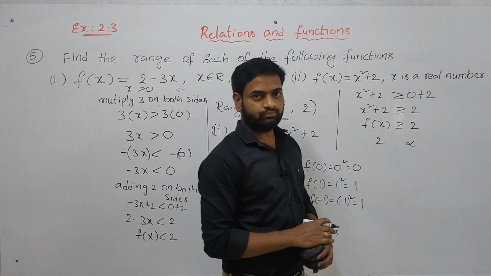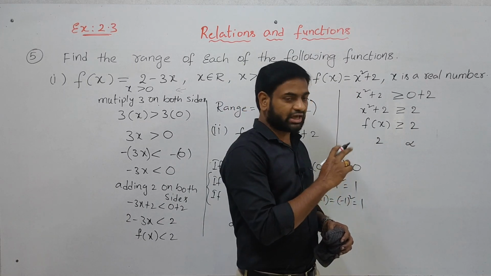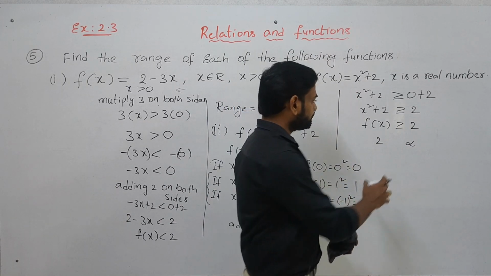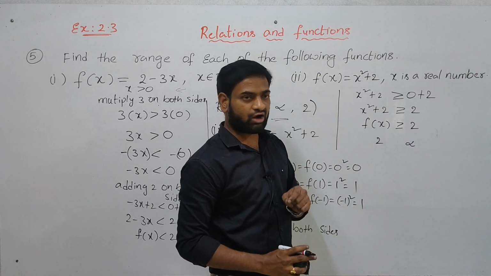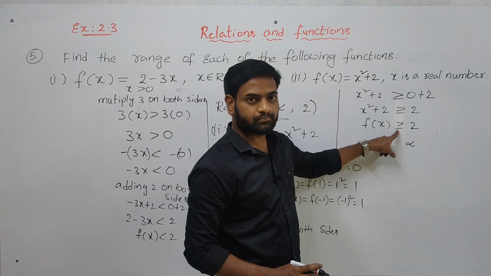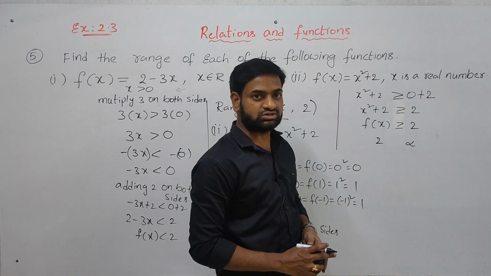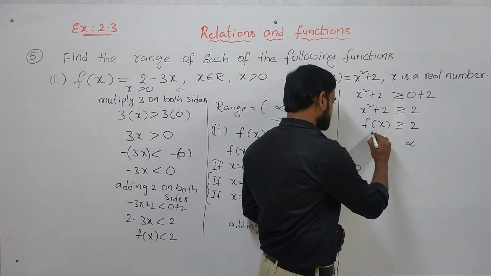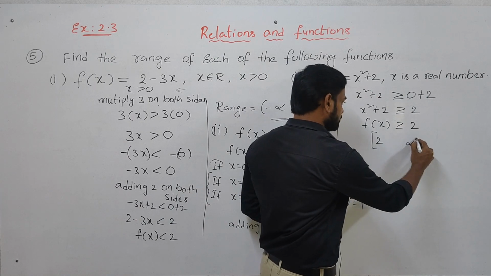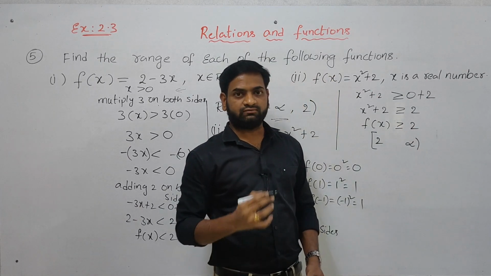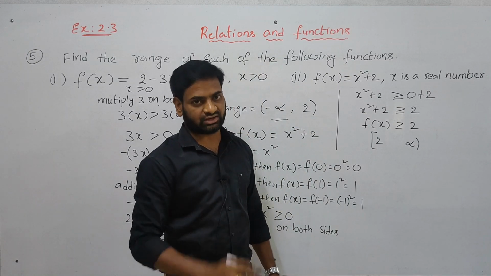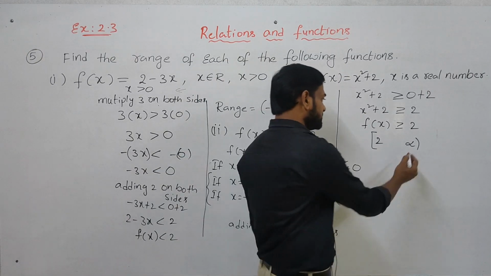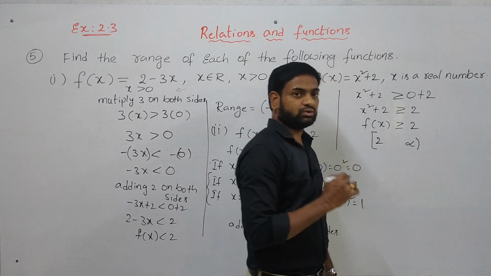So for the 2, which bracket do we have to apply? Here there is an equal symbol. When you have an equal symbol, it is a closed interval. For plus infinity and minus infinity, it is always an open bracket. So for 2 it is closed.